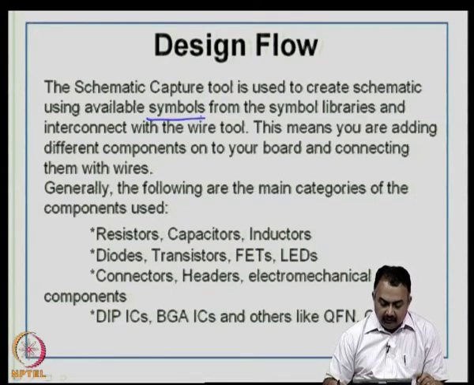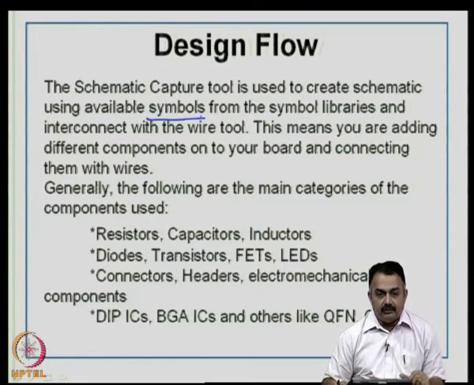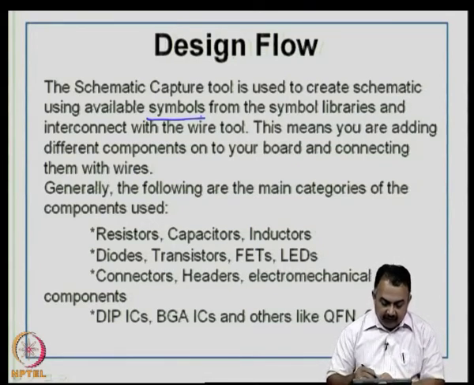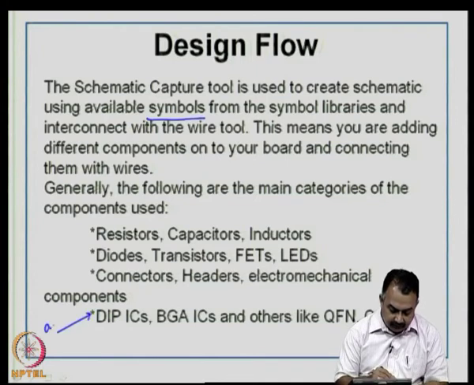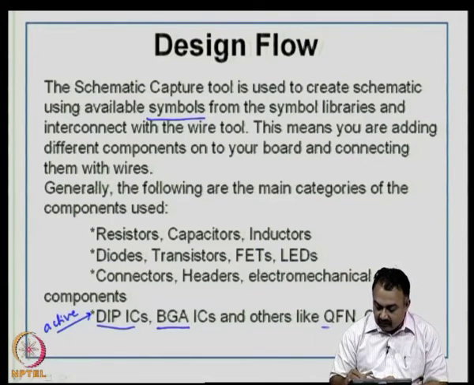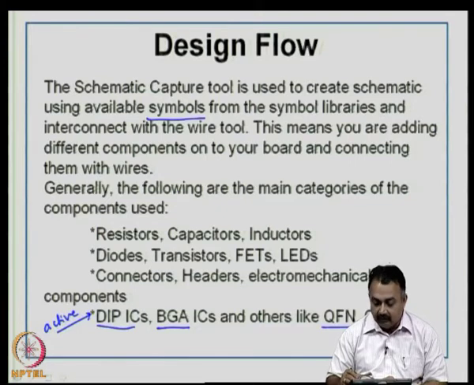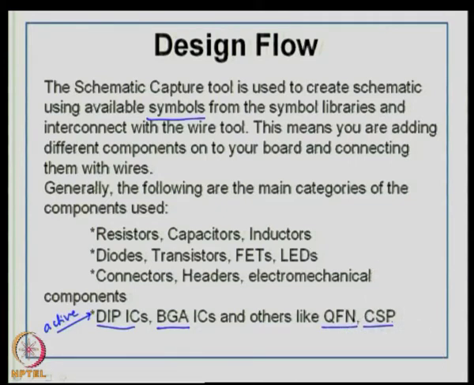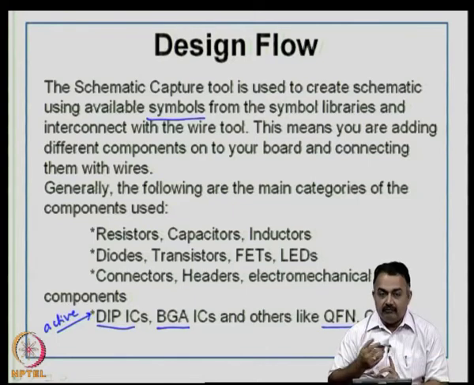Generally, the following are the main categories of components used. Typically, you will have first the active devices: DIP packages, dual inline package, ball grid arrays, CSPs and so on, QFN, quad flat no lead package. After the active devices are brought, because this is your main concern, the microprocessor or the microcontroller or other memory products that you are going to use in your circuit diagram will be your first concern.